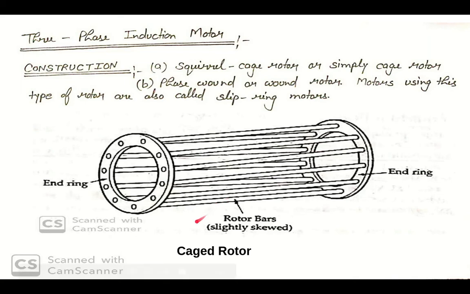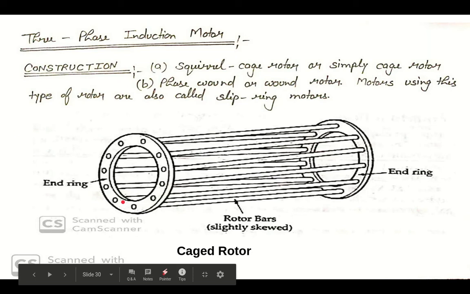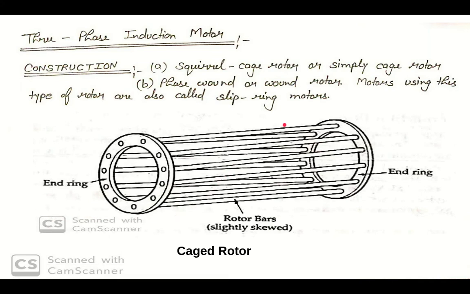At each end of the rotor, the bar conductors are short circuited by heavy end rings of the same material. The conductors and the end rings form a cage like the one which was once commonly used for keeping squirrels, and hence its name, cage rotor.